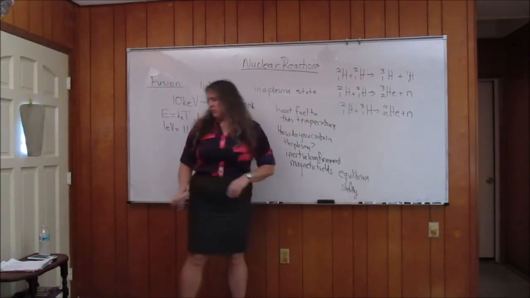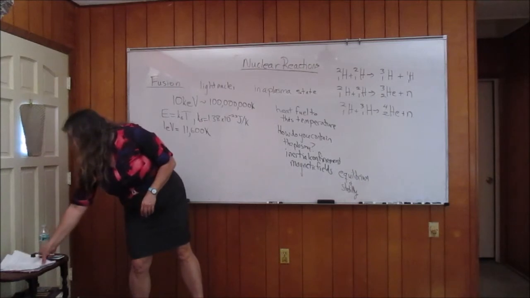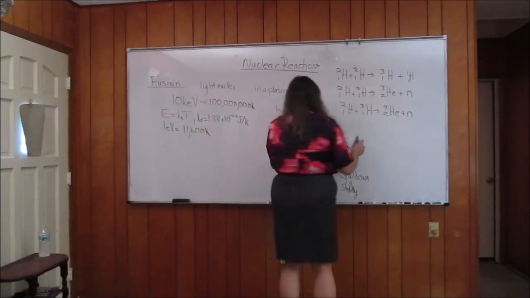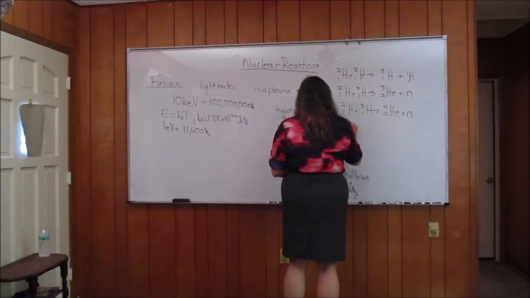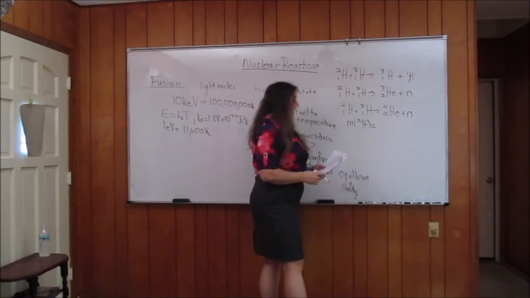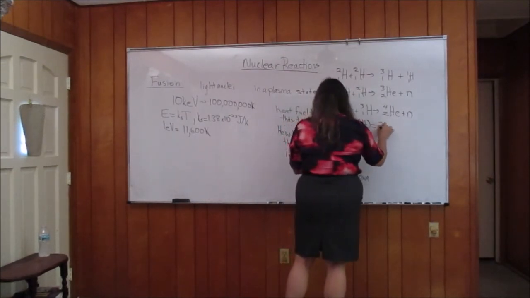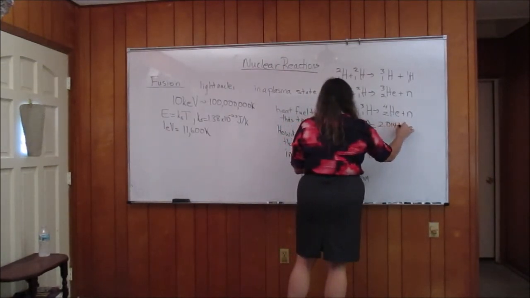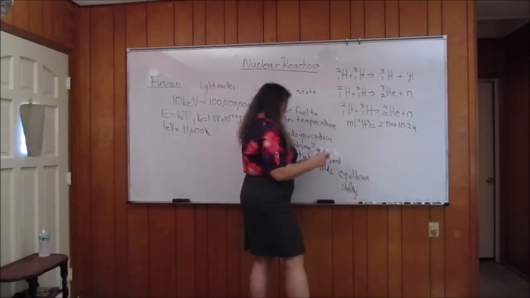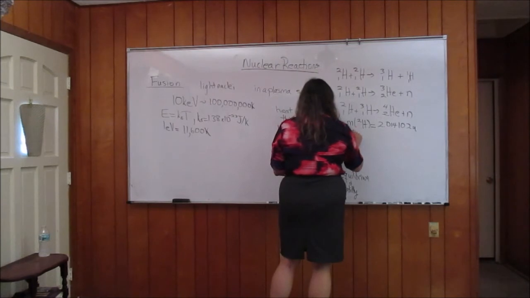I'm going to calculate the energy released, and we'll just do the last one. Remember the mass of a hydrogen-2 atom, a deuterium atom, is 2.014102 atomic mass units.